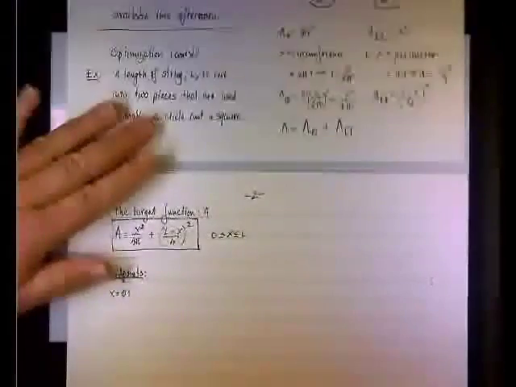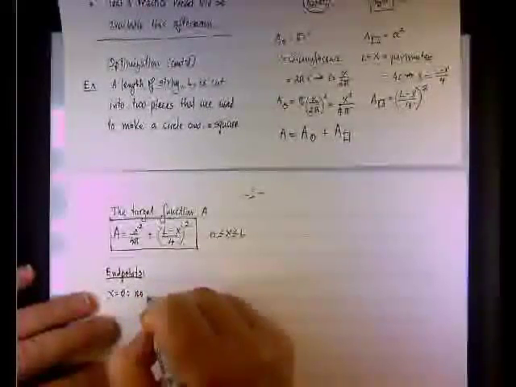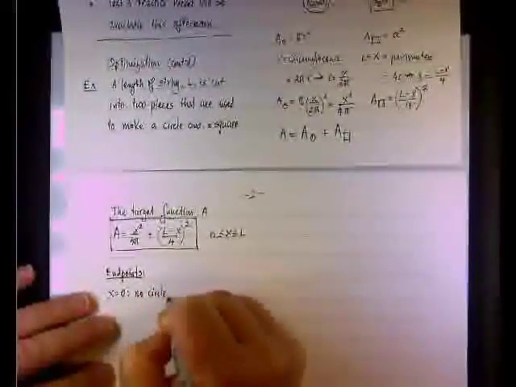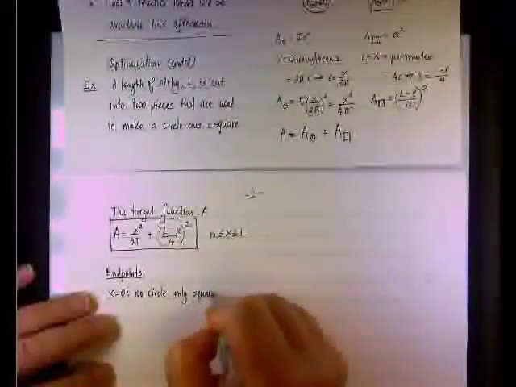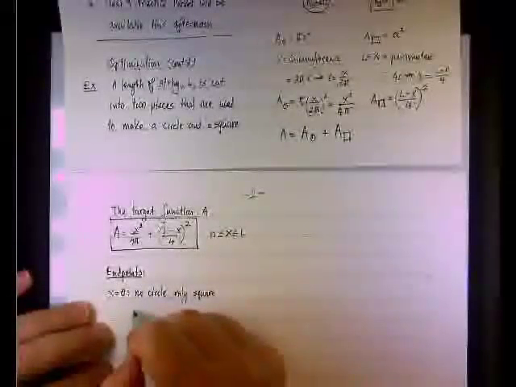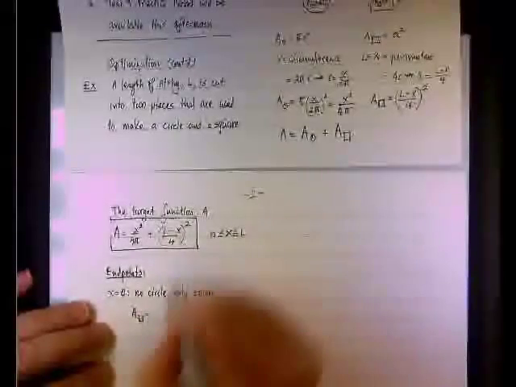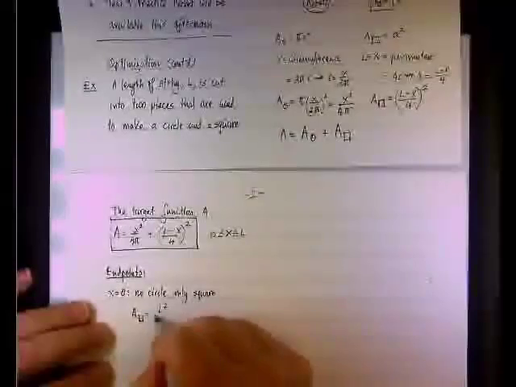We take the whole string and make a square out of it, so no circle, only square. So if x equals 0, then the area of the square will be simply L squared over 16.